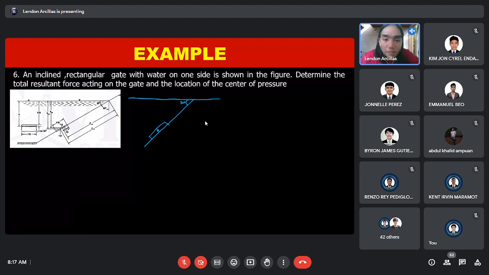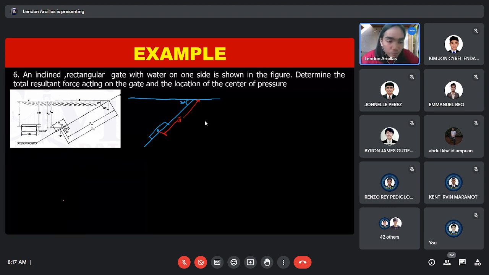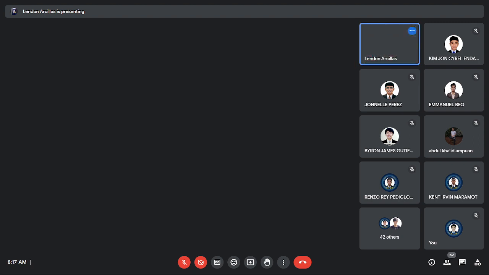So, the location of Y bar is from the surface to the centroid. Next, the location of YP or the center of pressure is below of the Y bar. So CG and CP. Yun lang.